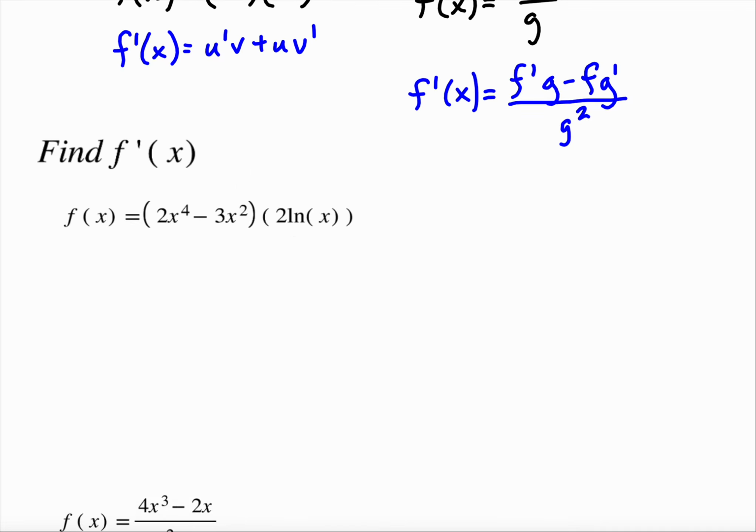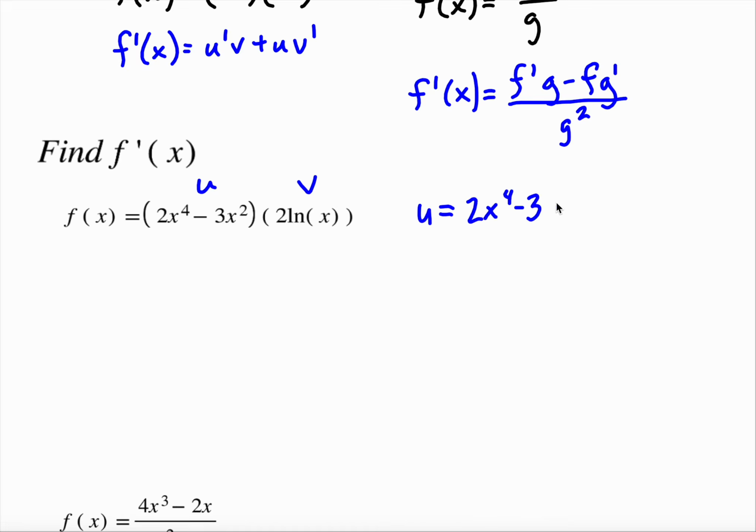Okay, so we're going to call this first parentheses my u and the second parentheses v. And what I like to do here is just make a little list of all my terms so that once I do my formula, u prime v plus u v prime, I have everything written over here at the right.